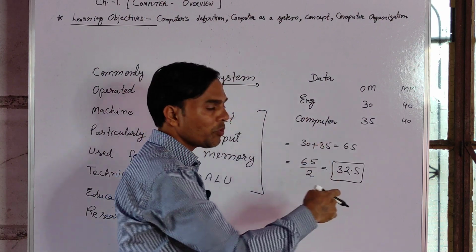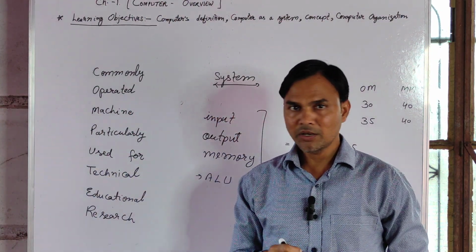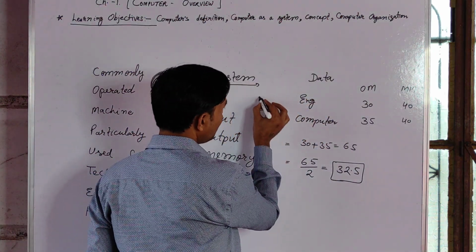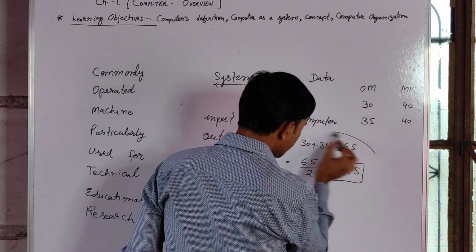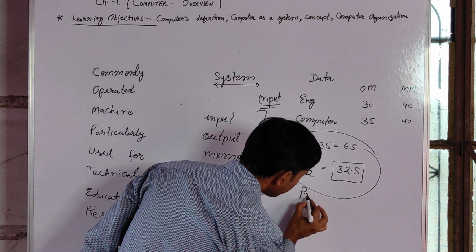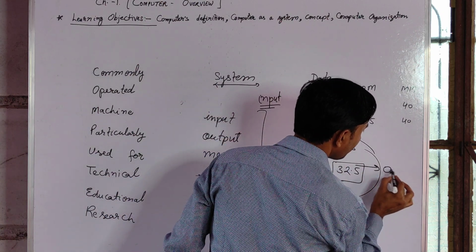So this entire process is known as the information processing cycle, or you can say this is the input, this is the processing, and this is the output.